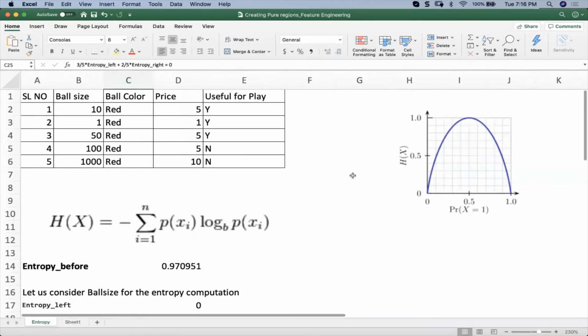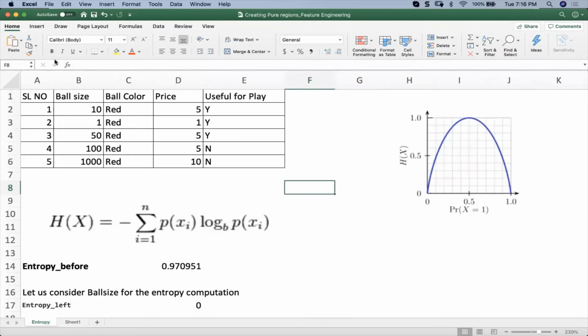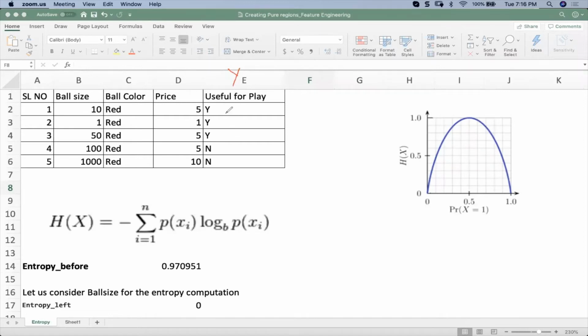Okay, this is a very classic textbook example which we are going to discuss now. This is also part of our regular data science training. People who have undergone the regular data science training must be aware of this by now. So here we have an output variable. It is a two-class problem. Will a ball be useful for play or not? Simple.